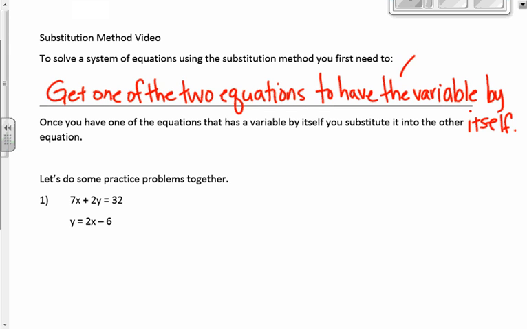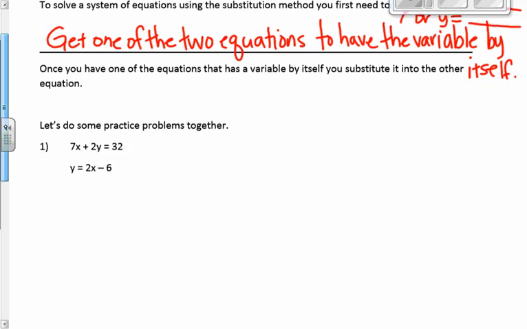That could be either x equals the rest of the equation or y equals the rest of the equation. It does not matter. You just need to have one of the two equations have the variable by itself.